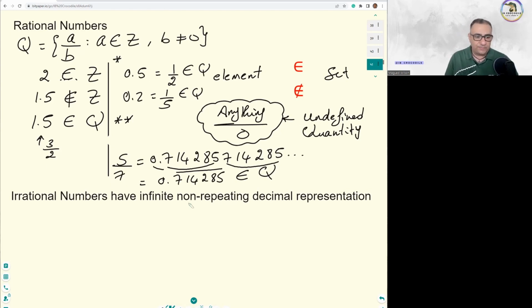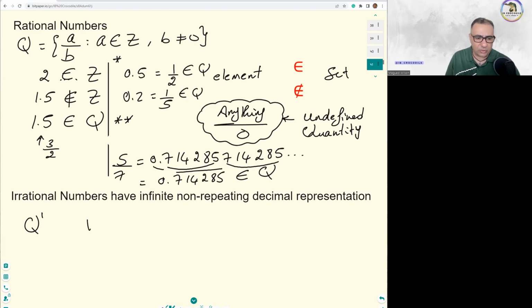Some textbooks, especially in the American and British systems, call it Q prime. In the IB diploma they don't give it a name, they just call it irrational numbers. It's not a big deal. I prefer Q prime because I have seen it before in other systems. So Q prime is the set of irrational numbers.